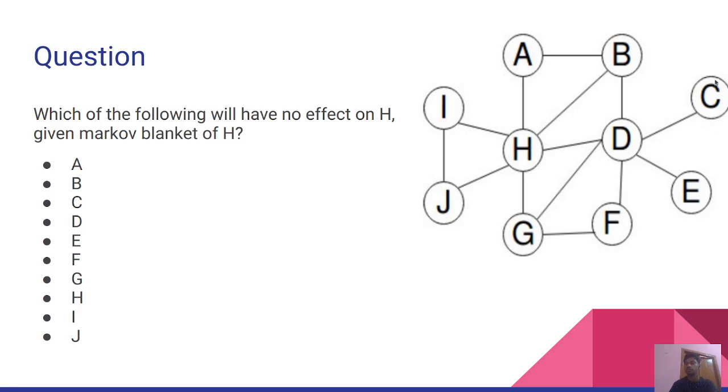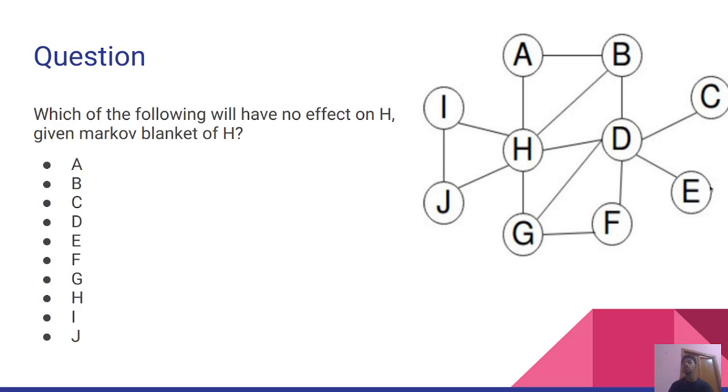C is not having effect directly, because in the Markov assumption C is not a direct neighbor of H, we are considering that C is not affecting H. So C is one of the correct answers. Then D is a direct neighbor of H, so this one is not a correct answer. E is a correct answer because E is not a direct neighbor of H.